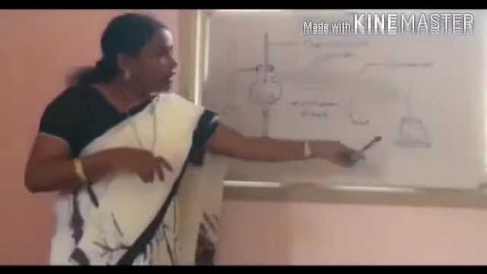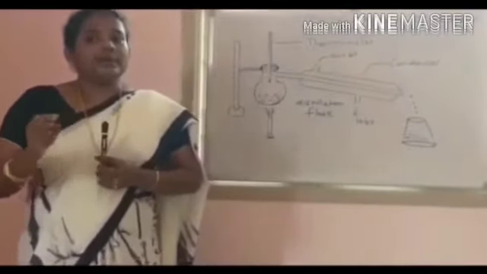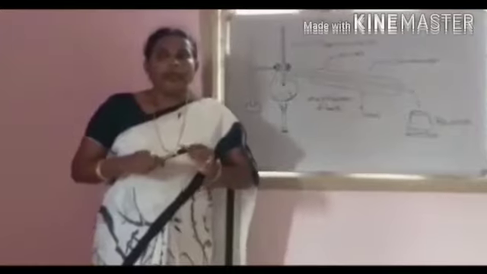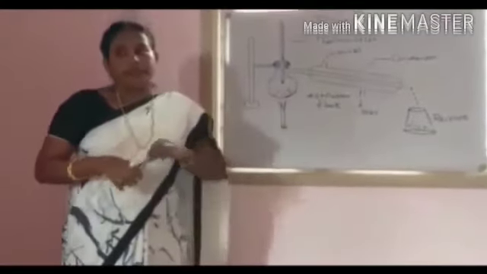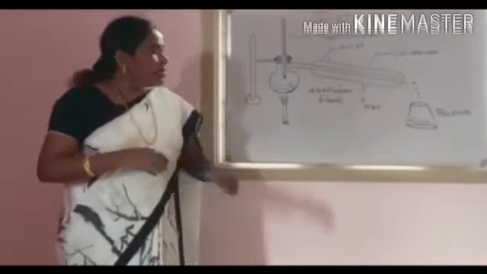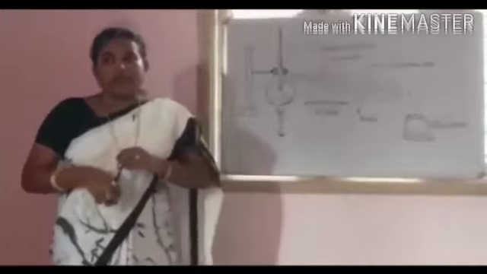At the end of the condenser, a beaker is kept to collect the liquid which is separated first. A thermometer is fitted into the distillation flask to read the temperature. Finally, a Bunsen burner is placed at the bottom of the distillation flask.